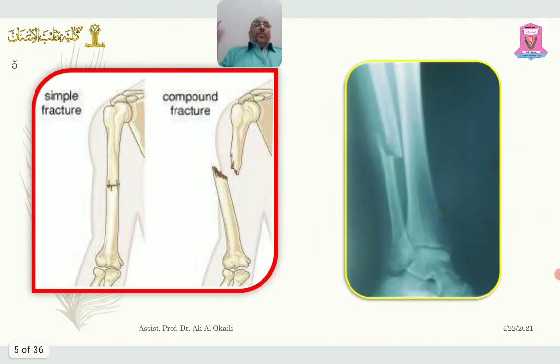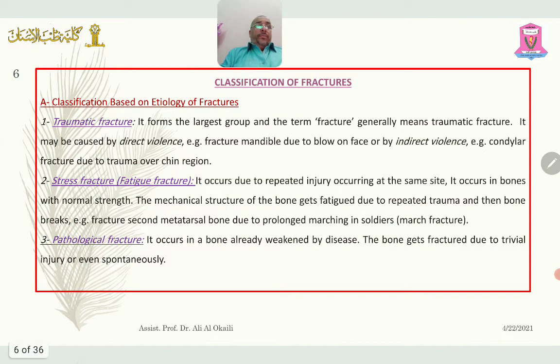مثل ما هنا نشوفه بالصورة simple fracture، بينما الكومباوند fracture يصاحبه wound in the surrounding tissues. Also a fracture ممكن نصنفها according to the etiology of fracture. عندنا traumatic fracture.